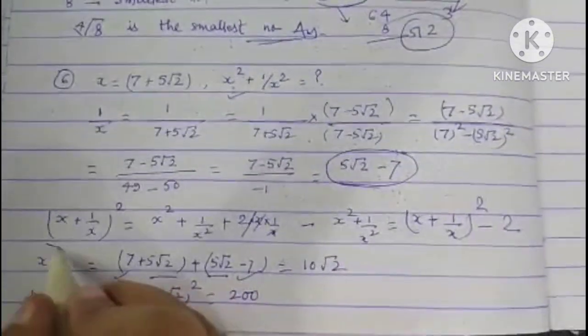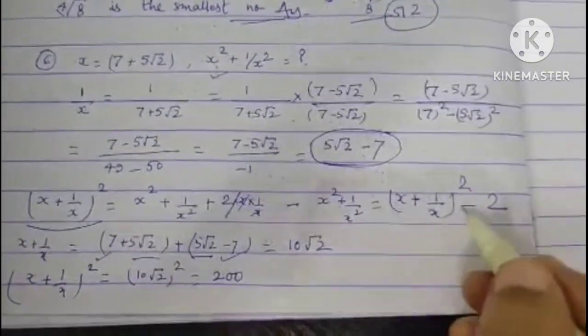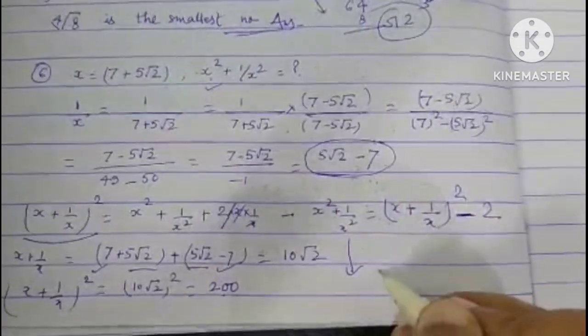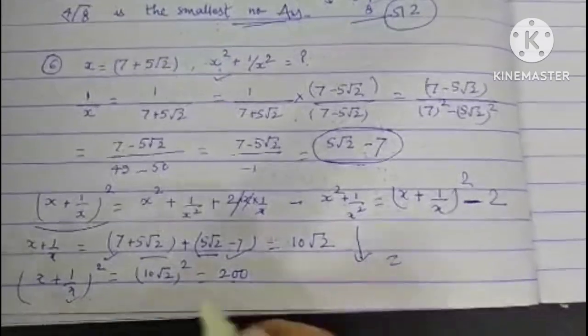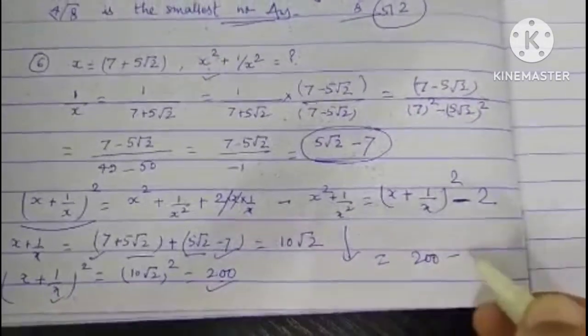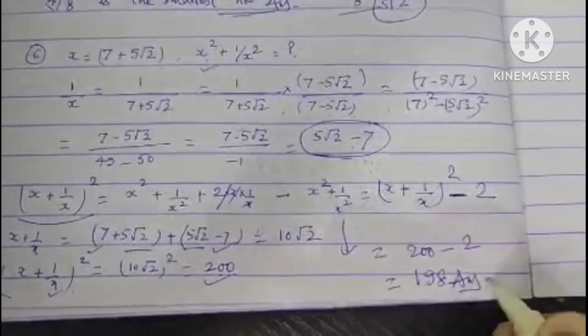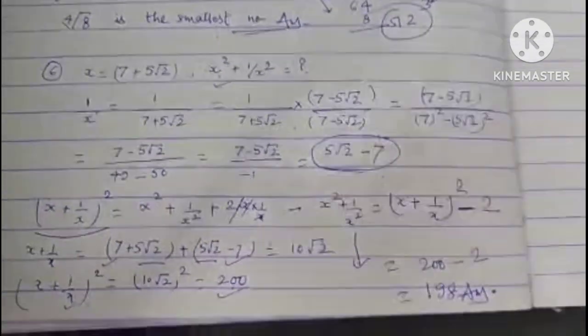So to find out this one, you subtract 2 from 200. This one is equal to x plus 1 by x whole square, that is 200, and minus 2, that is equal to 198. Answer. Okay, simple one.